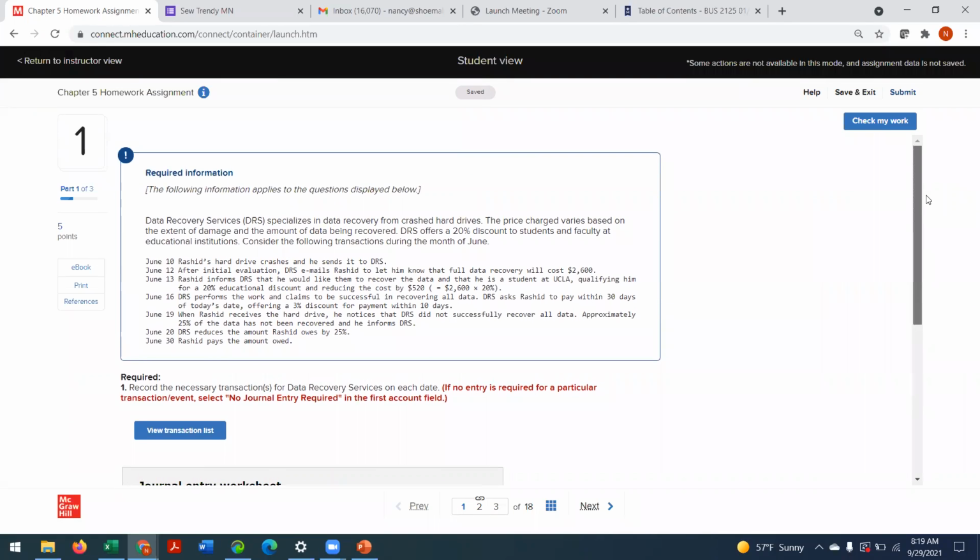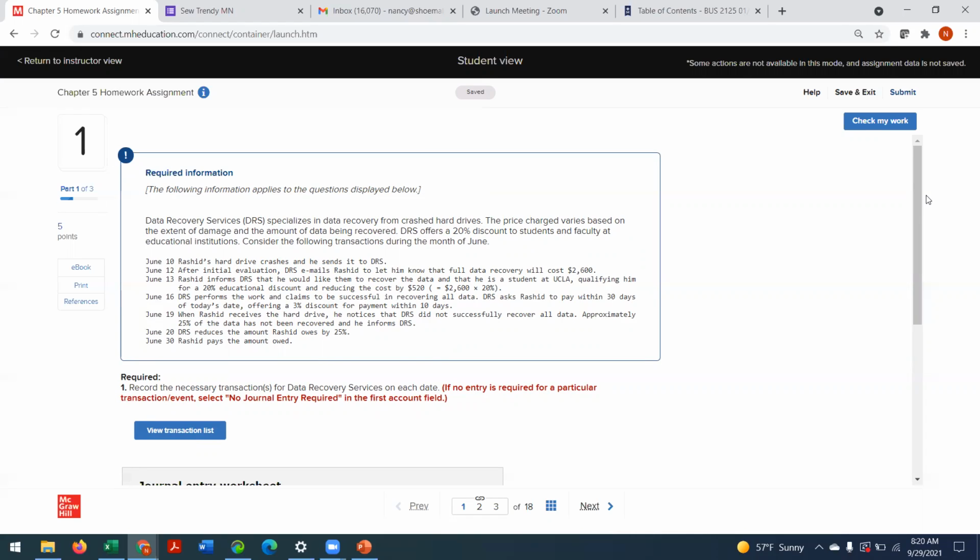So guys, here is Data Recovery Services. They specialize in data recovery from crashed hard drives. The price charged varies based on the extent of damage and amount of data being recovered. DRS offers a 20% discount to students and faculty at educational institutions.